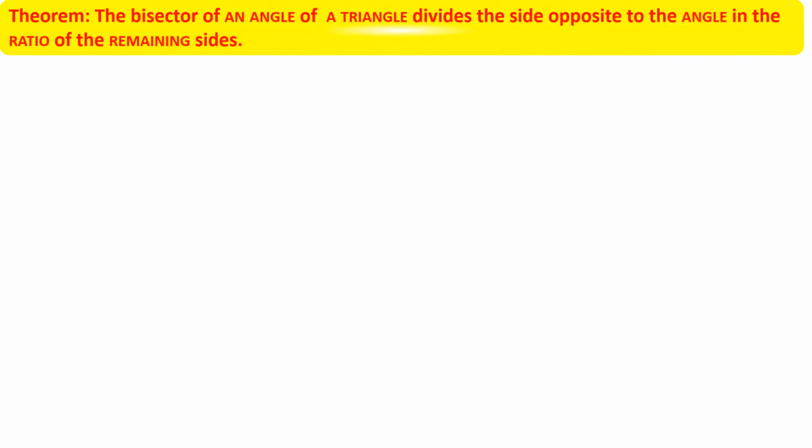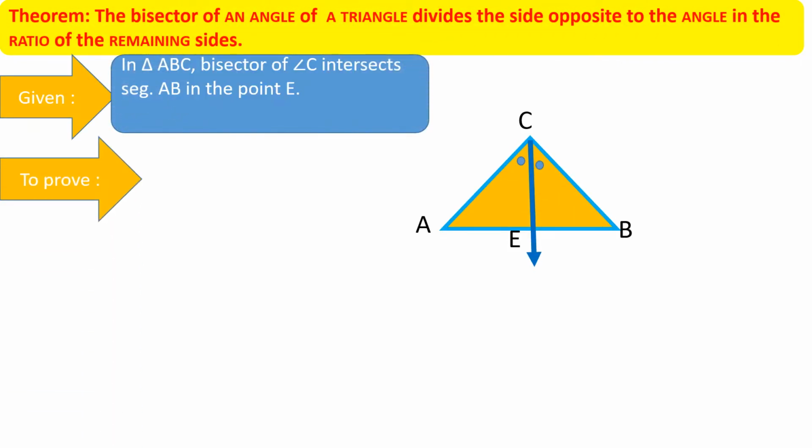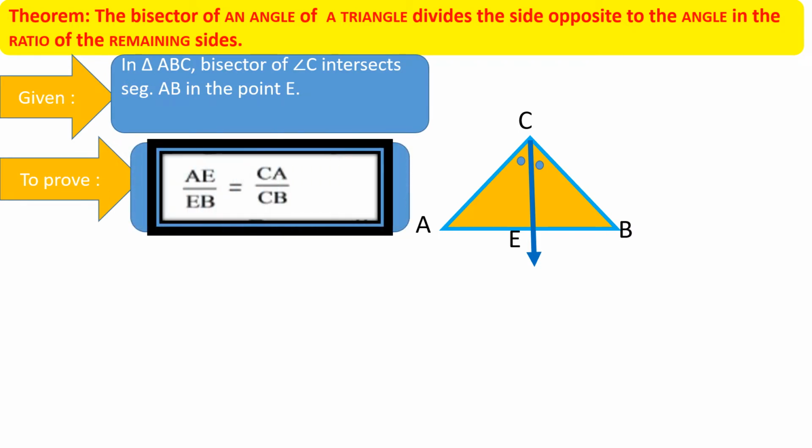We again have the statement to prove and the diagram of this theorem, which we have already seen. Let us come to our proof, which is AE upon EB equals CA upon CB. There are two ratios which I have to prove equal. Now we have already done the basic proportionality theorem, and this theorem is based on it.